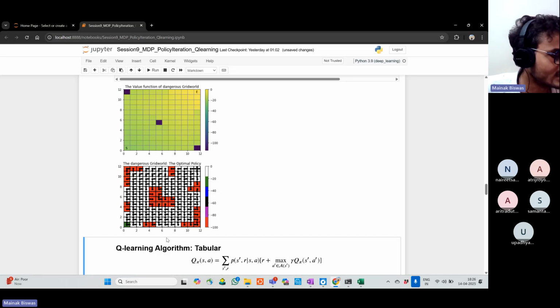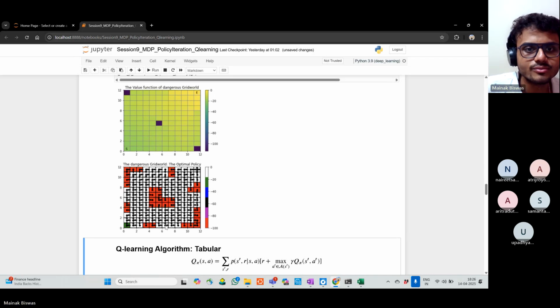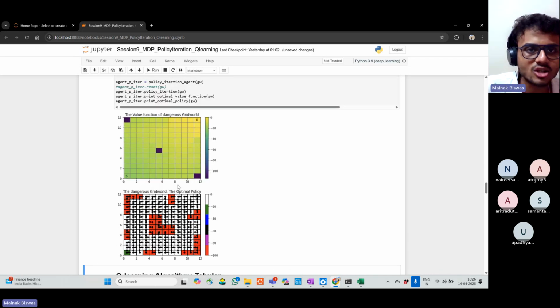Is it getting the intuition? I can't see you all, that's the problem. I'm not able to gauge with you. The value function shown here shows which states would have what value at optimality. So here it's around 20, so you will take 20 steps to reach the endpoint. Is that clear to everybody?